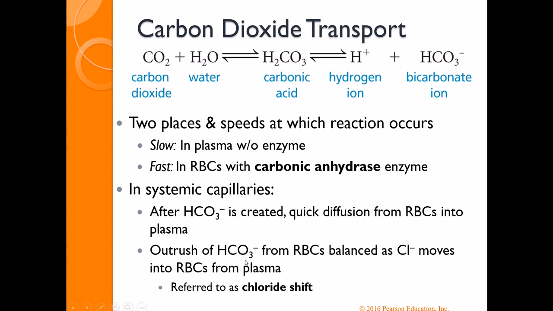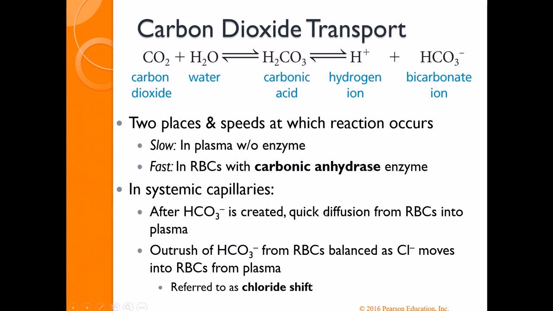But we kind of have to keep our charges balanced, and so as we get this outflux of bicarbonate from the red blood cells, chlorine, another negatively charged anion, moves into the red blood cells, which keeps the red blood cell charges kind of neutral. We refer to that as the chloride shift.